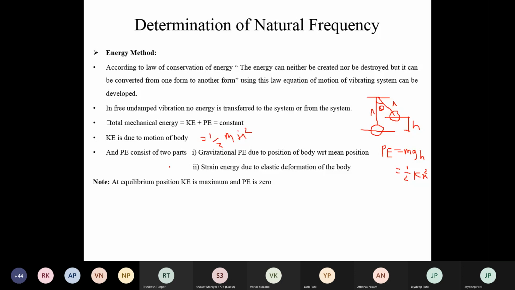Again, kinetic energy is maximum at the equilibrium position and potential energy is 0. And kinetic energy is 0 at the extreme position, where potential energy is maximum. According to the law of conservation of energy, you have to write that total kinetic energy plus potential energy is constant.